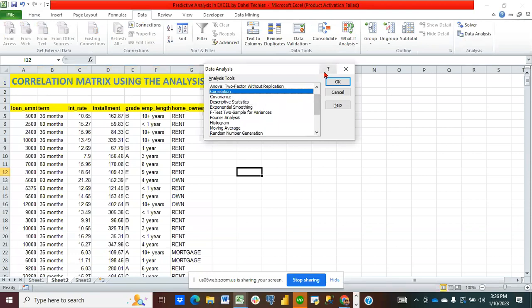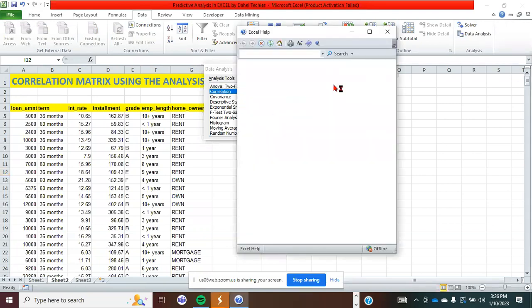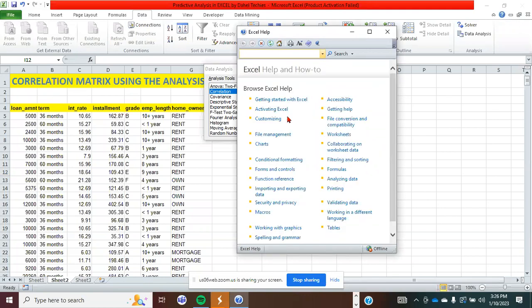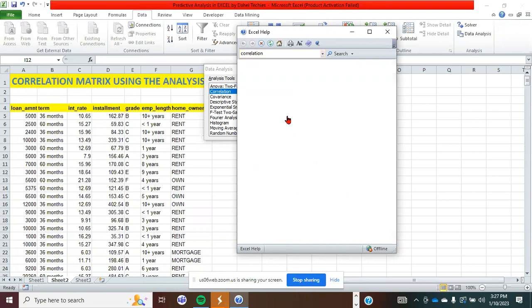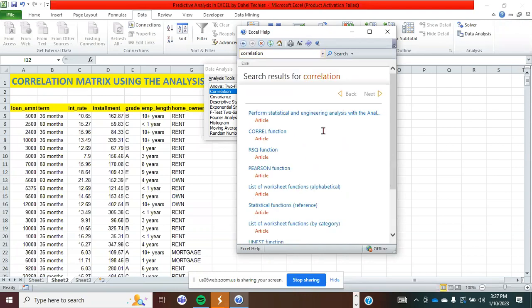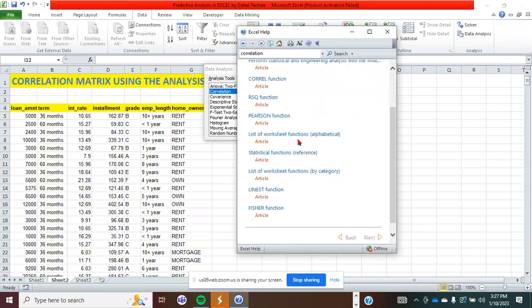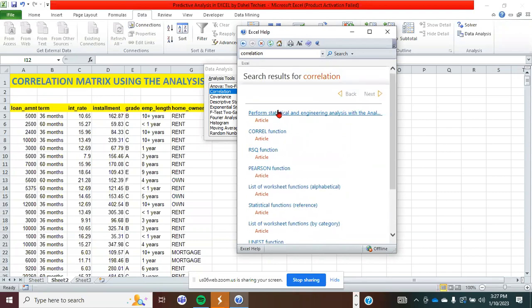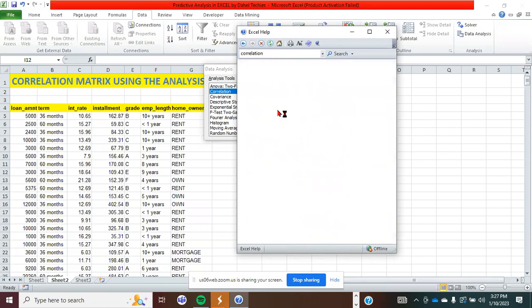Again, if you want to understand what correlation is, all you need to do is click on the Excel help and then search for correlation. So you can see all of the articles you can ever read about it.